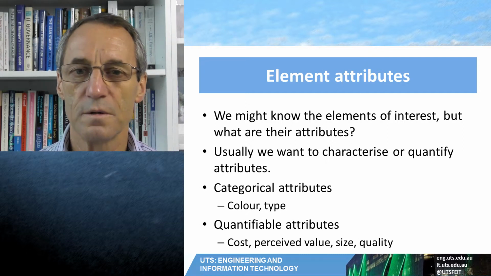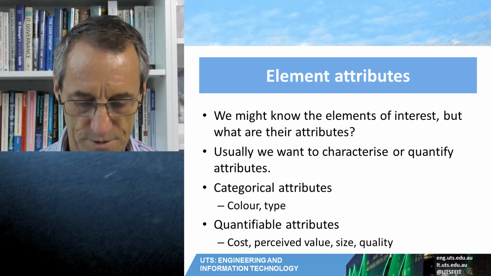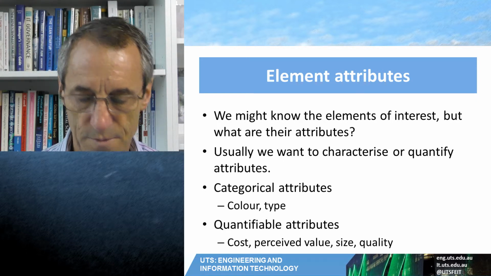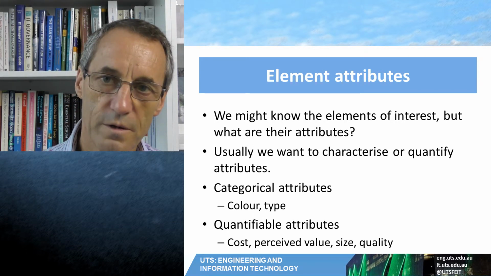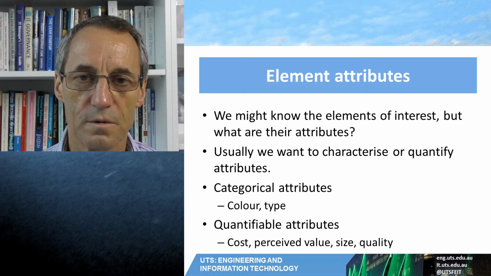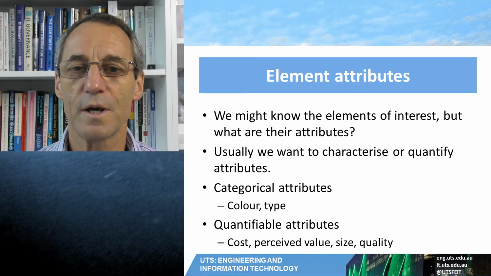They're categories. There's no sequence, there's no ordering, there's no relationship among the categories. They're simply categories. There are quantifiable attributes. These are things that you can measure: cost, perceived value, size, quality. Quality decomposes into a number of other attributes. But these are things that we can measure.